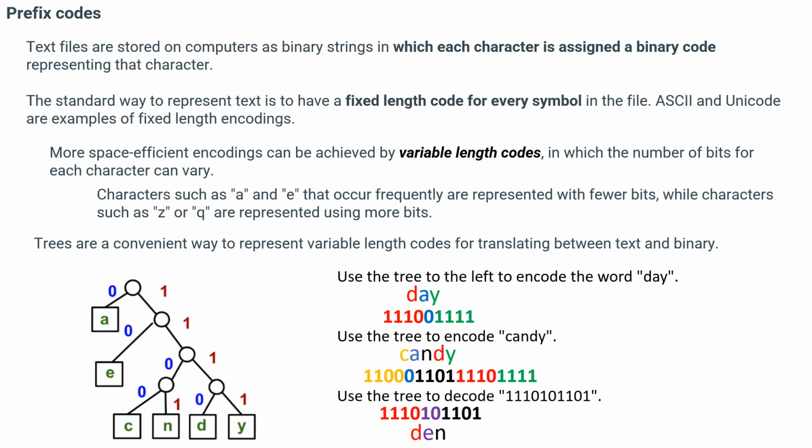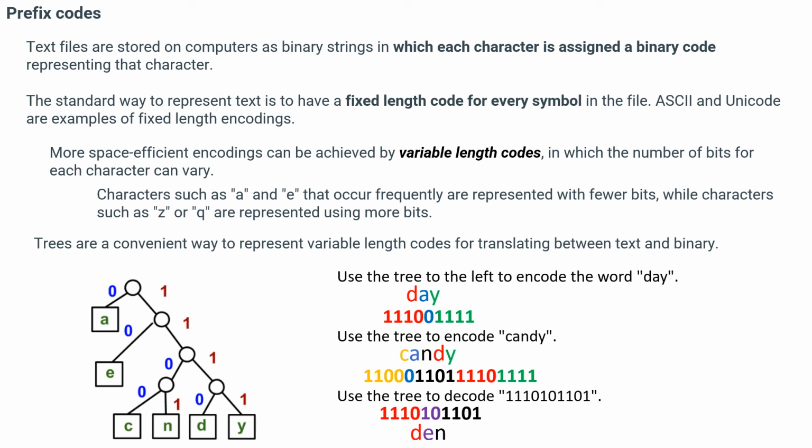If I go 1, 0, I see I'm already at a letter, and that's E. So I would get an E for those next 2 digits. And the last 4 digits, 1, 1, 0, 1, we get down to the letter N. So that binary string would convert into the word den.